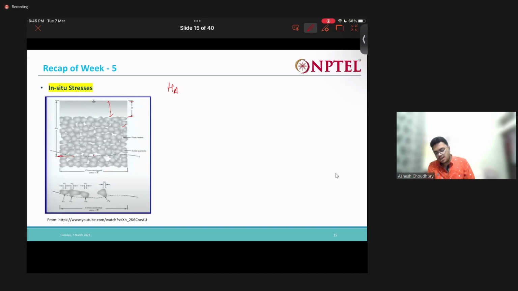So my total stress at this point A is given by sigma A equal to H into gamma W, that is the stress due to this water, plus (HA minus H) into gamma saturated.